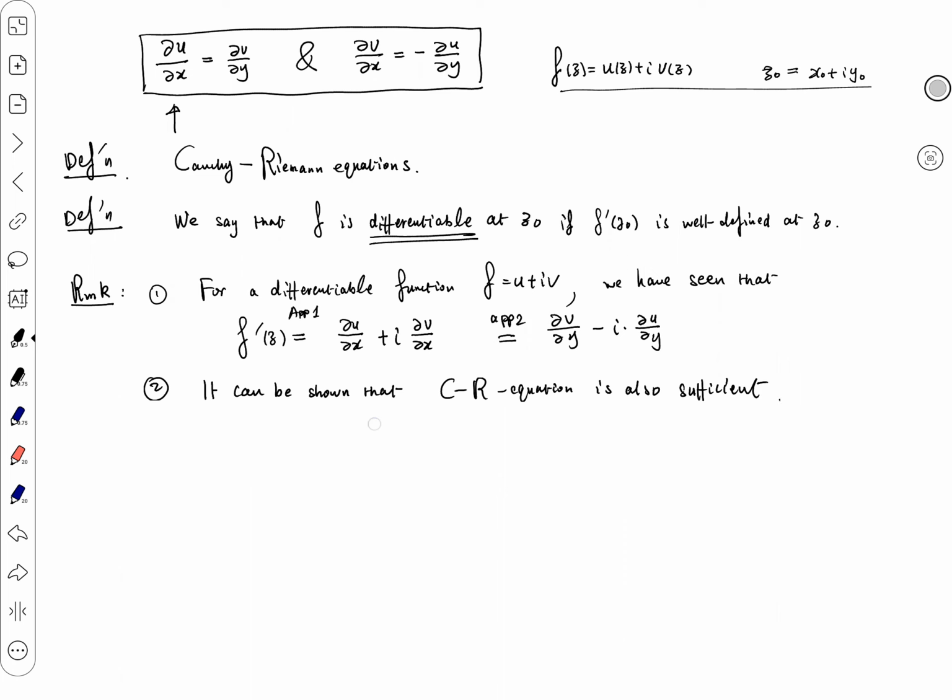And as a conclusion, finally, our conclusion is that f is differentiable at z0 if and only if f satisfies the Cauchy-Riemann equation at point z0.